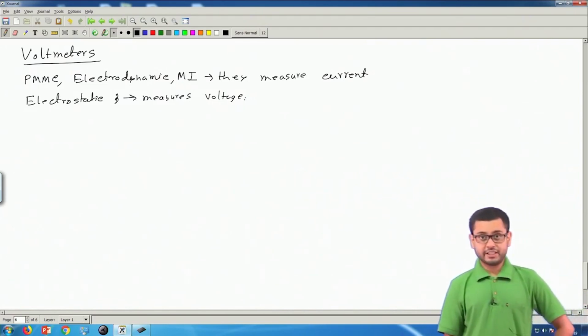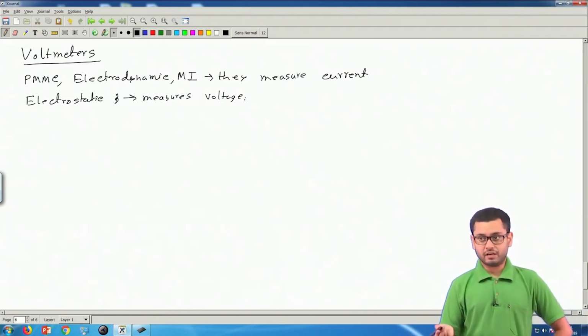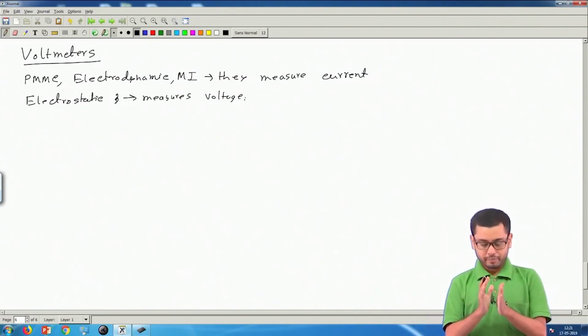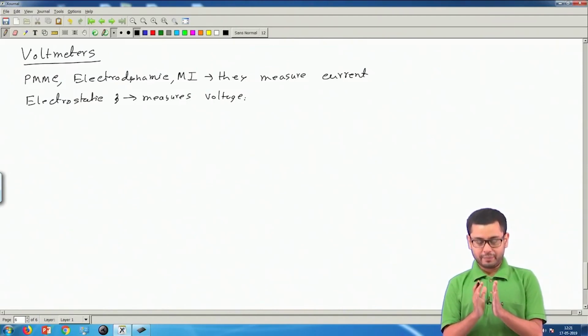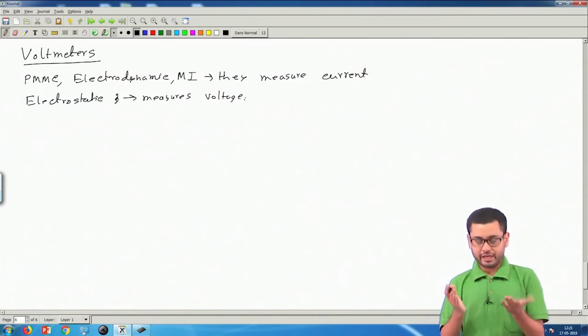Particularly, electrostatic instruments cannot be used for, say, DC current measurement directly as it is, because it is made up of a set of two parallel plates. So, it is a parallel plate capacitor, and if you apply a DC voltage across these two plates, no current flows at all.